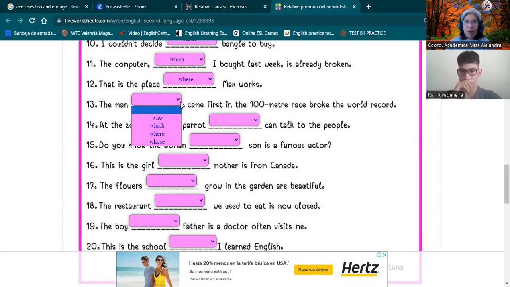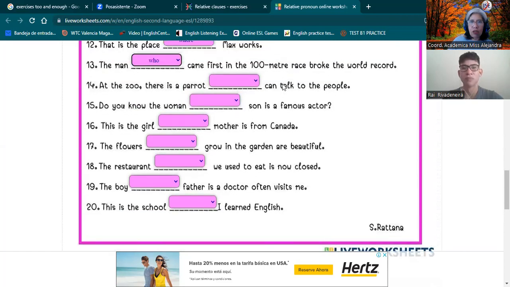The man who came first in the 100-meter race broke the world record. At the zoo, there is a parrot which can talk to the people.